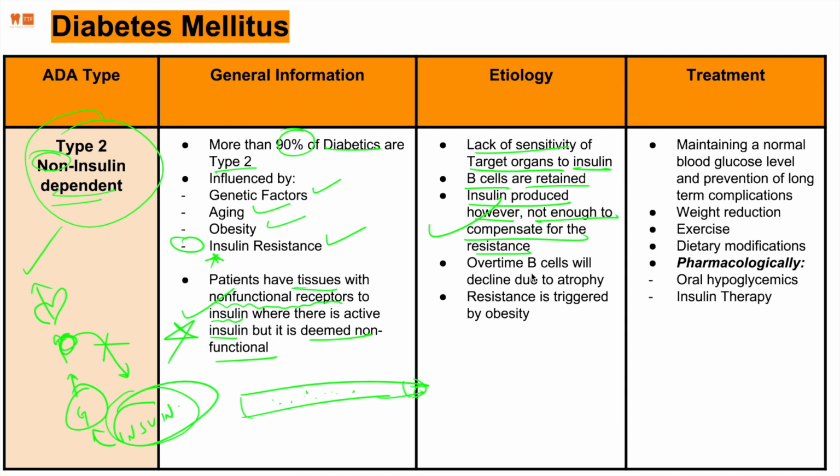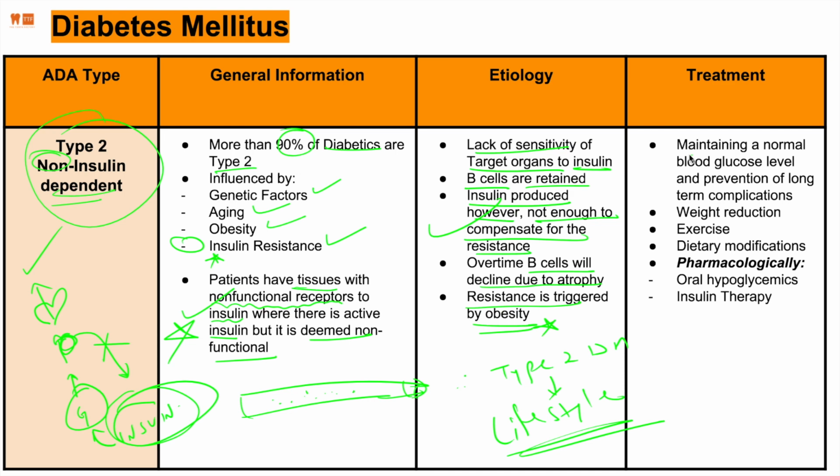Over time, beta cells will decline due to atrophy. They feel like not enough insulin is ever going to get produced, so they stop working. The resistance is normally triggered by obesity. Therefore, type 2 diabetes mellitus can be treated by lifestyle changes.